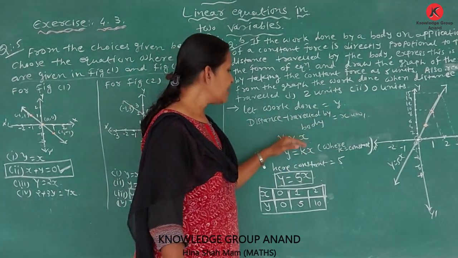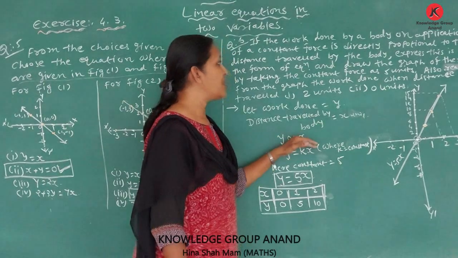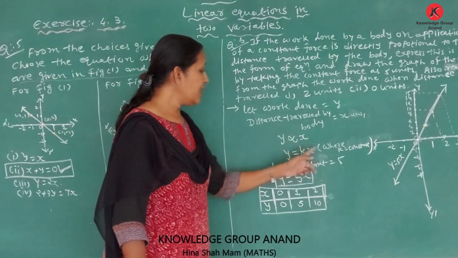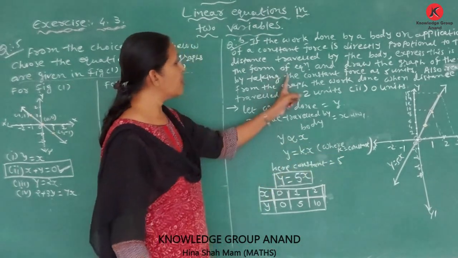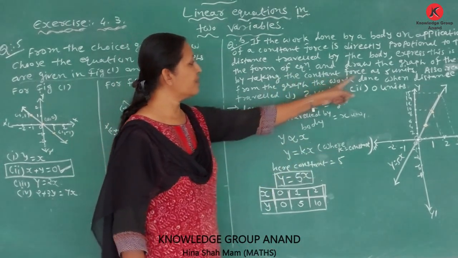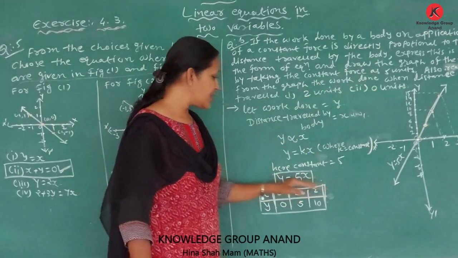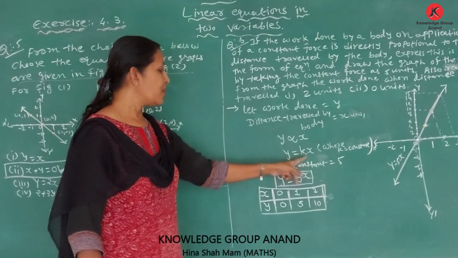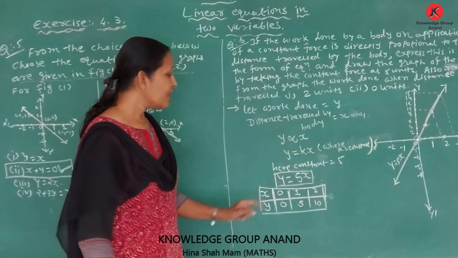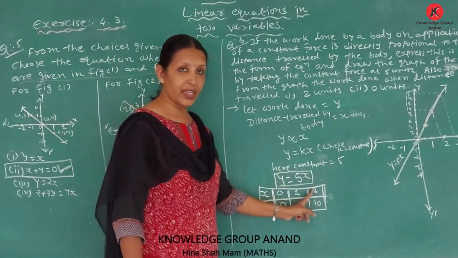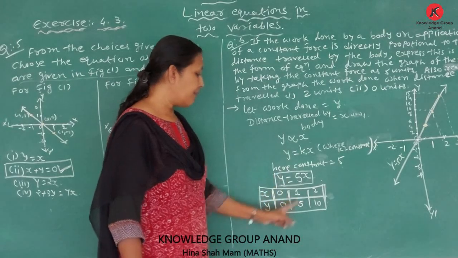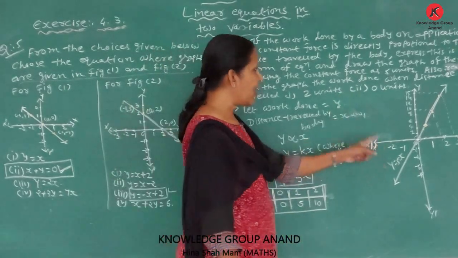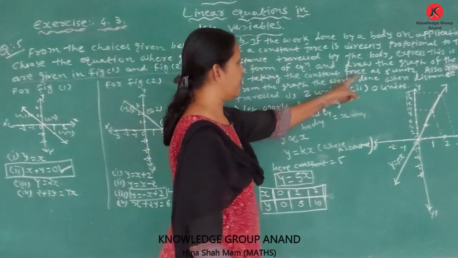Work done is proportional to the distance, so y is equal to kx. Here k is a constant, and the constant force is given as 5 units. Therefore, putting k is equal to 5, the equation is y is equal to 5x. Then we make our graph solution table, draw the graph and then give the answer.